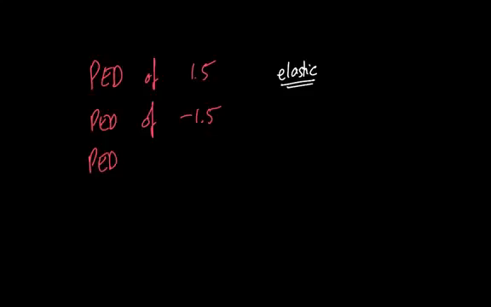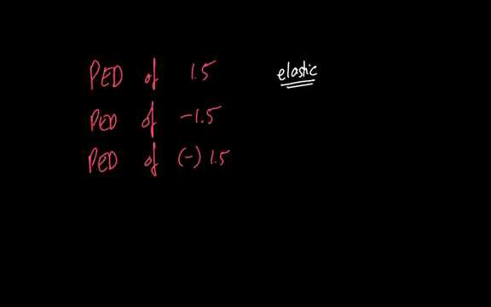But if we have a PED of, let's say, 1.5, just a quick bit of revision, that means that the product is elastic, relatively elastic. You may see that written as a PED of negative 1.5 or a PED of negative in brackets 1.5.